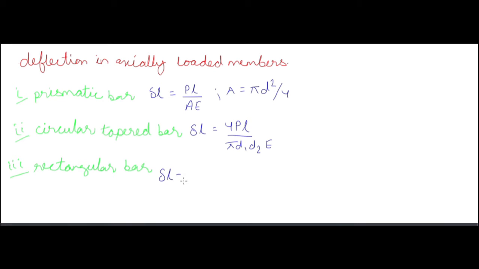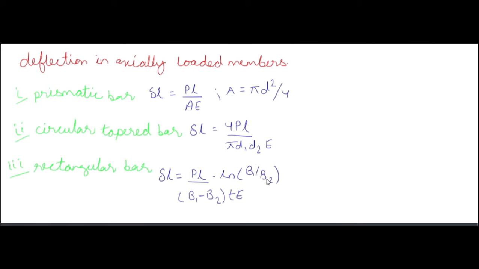Now if you have a rectangular bar, a tapered rectangular bar, tapered along the length, then delta L is equal to P into L divided by (B1 minus B2) into T into E into ln B1 by B2.